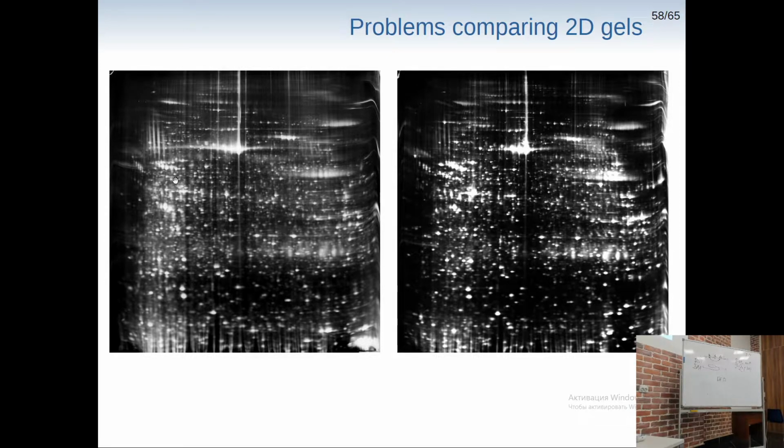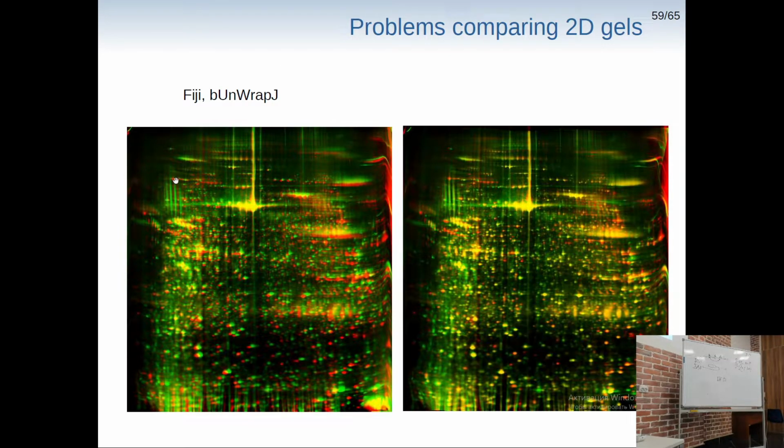But it's not so easy to do it by hand or just by eye. Probably we would like to put those gels one on top of another, differently colored, like red and green. And of course, if we have some colocalization, we'll have yellow color, right?